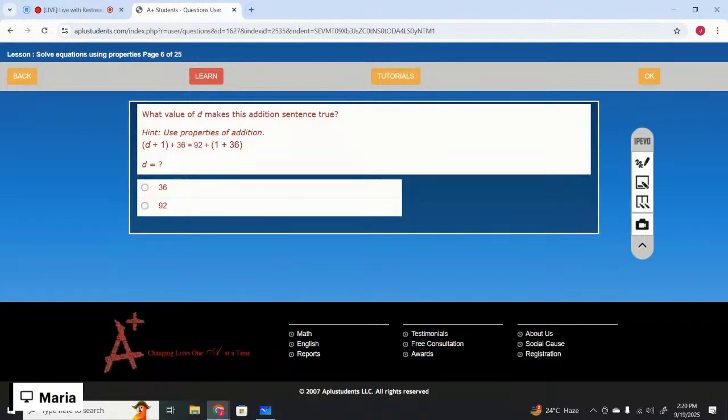What value of d makes the addition sentence true? Use the properties of addition. 92 plus 1 plus 36 equals d plus 1 plus 36.